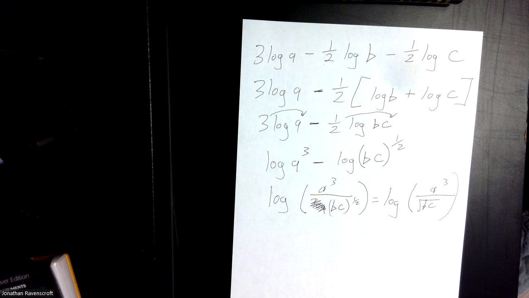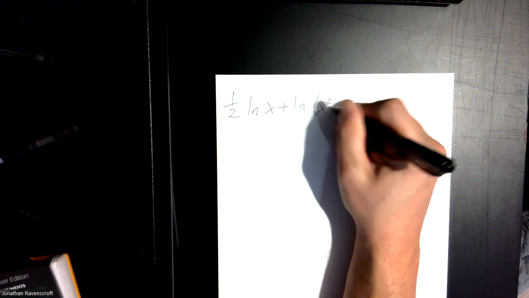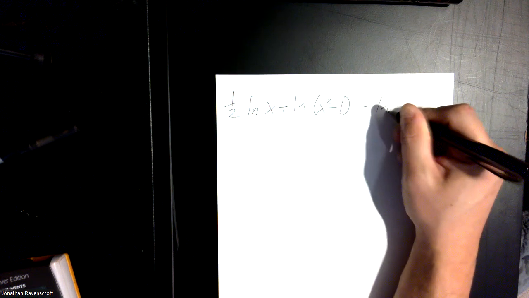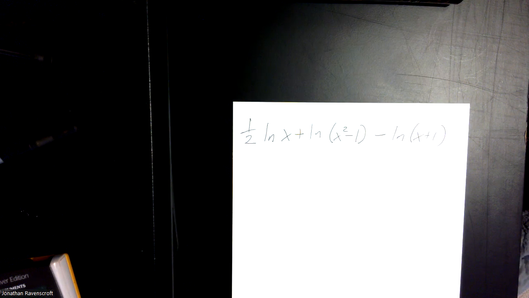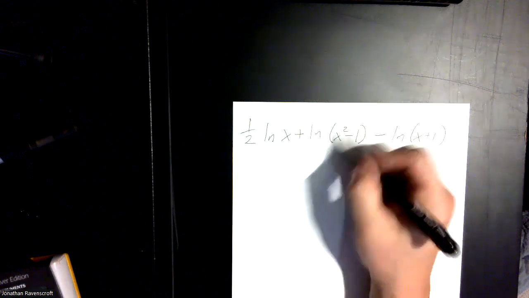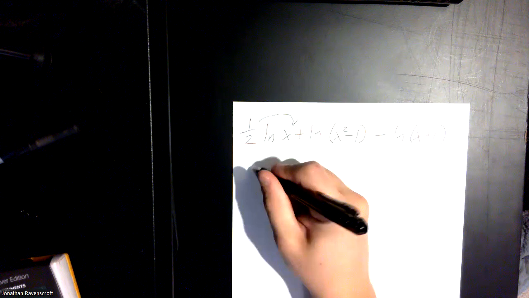All right. Let's do a similar problem involving natural log. 1/2 natural log of x plus the natural log of x squared minus 1 minus the natural log of x plus 1. Now everything's natural log, so we have the same base, which means we can use the properties. This is addition. I want to turn that into multiplication, but before I do that, let me move this 1/2 up here.